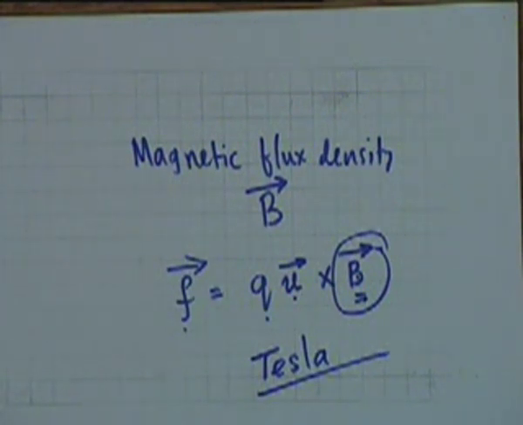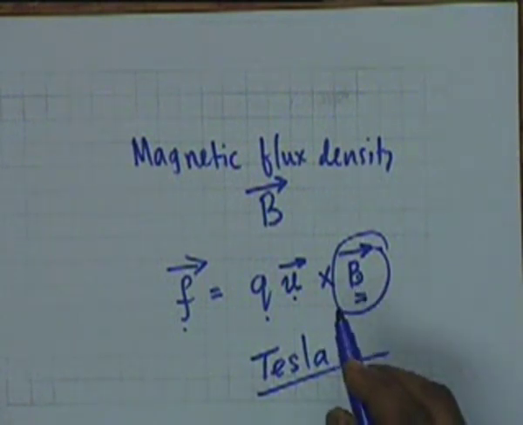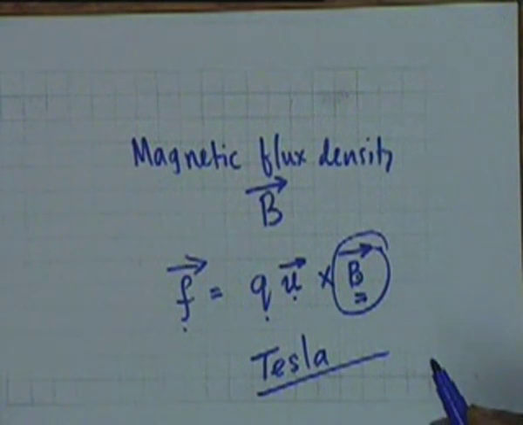No, I am not too sure. Gentleman Tesla, Nikola Tesla. So a unit of magnetic flux density in the SI unit, System International, is a Tesla.